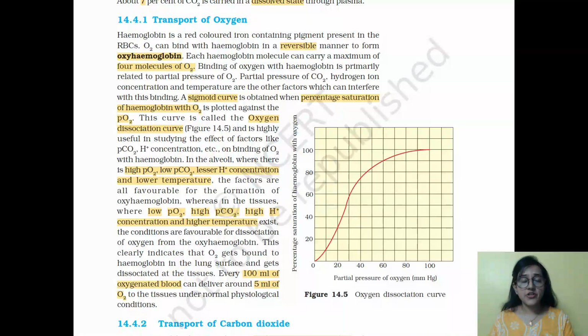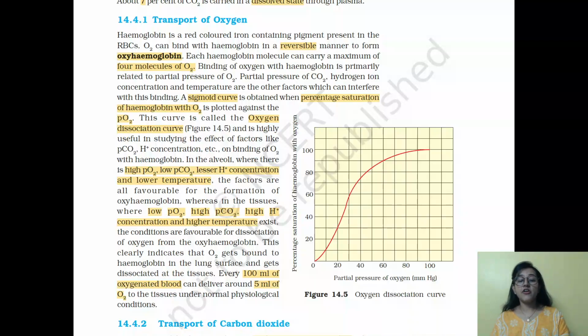In case of partial pressure of carbon dioxide, the relation is indirect. The lower the partial pressure of carbon dioxide, the higher the formation of oxyhemoglobin. Similarly, the reverse is also true. The lower the partial pressure of oxygen, that means lower the formation of oxyhemoglobin, that means the higher dissociation rate. I hope up to this it's clear how the oxygen dissociation curve works.